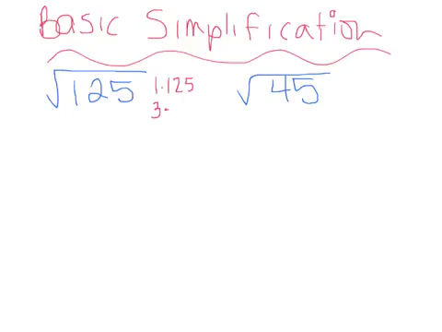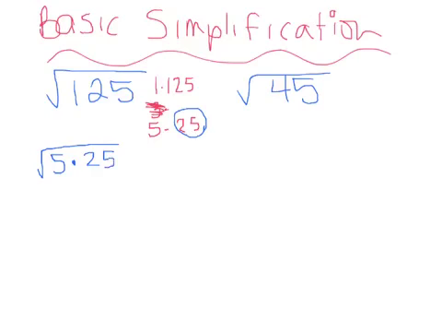Okay, 3 doesn't work. 4 doesn't work. 5 times 25. Hey, 25 is a perfect square. So underneath my radical, 125 is the same as 5 times 25.